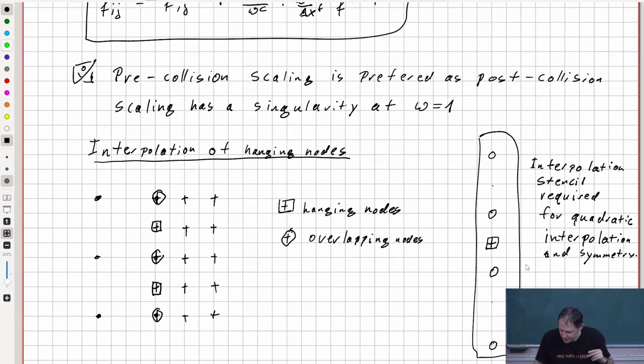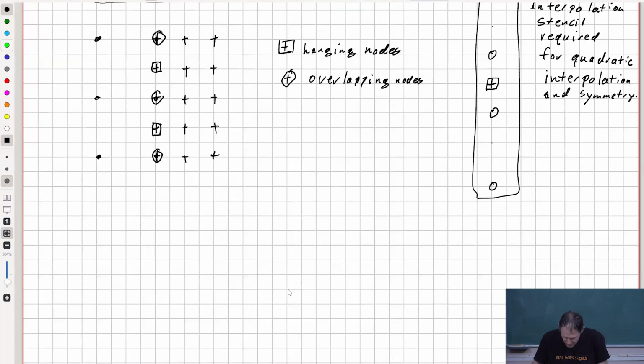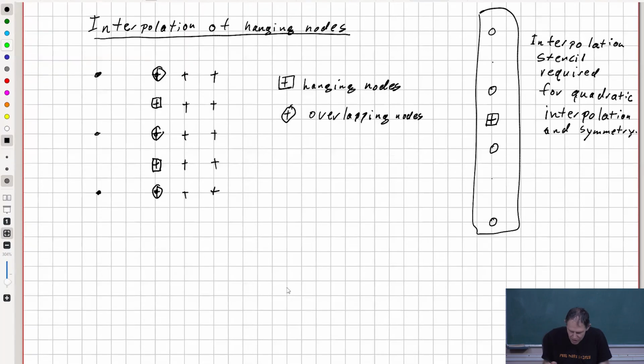Okay. So the other nodes don't need interpolation, or they apparently don't need interpolation.